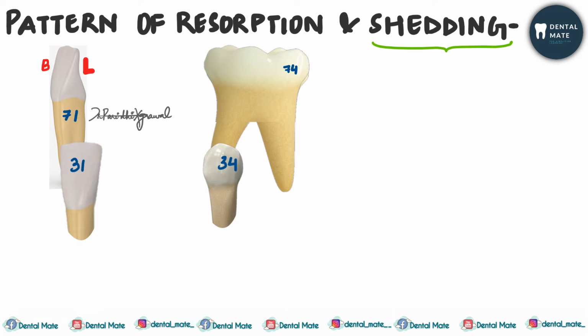Now if we talk about the pattern of shedding, the shedding mechanism is also symmetrical in the right and the left side. The mandibular teeth exfoliate before their complementary counterparts in the maxillary arch. The maxillary and the mandibular deciduous second molars exfoliate simultaneously.